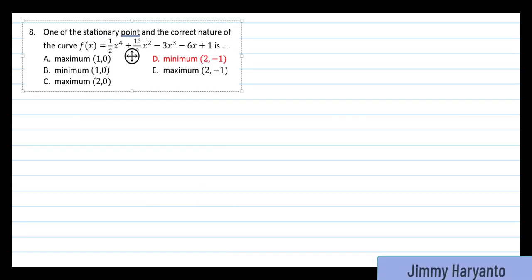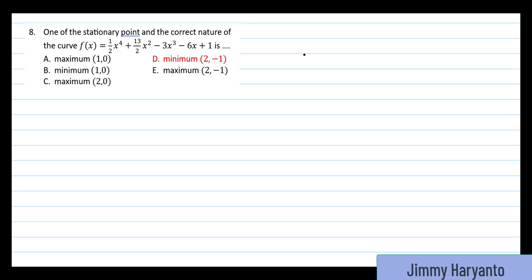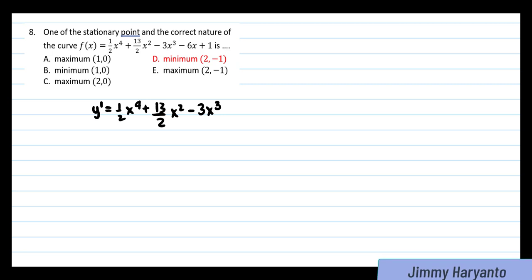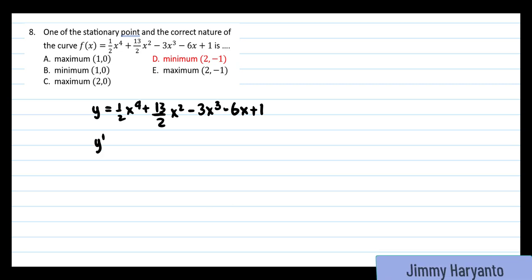Next is number 8. For number 8, we have a stationary point. To find the stationary point, you have to find the first differentiation. The function is half x to the 4 plus 13 over 2 x squared minus 3x cubed minus 6x plus 1. The first differentiation will be 2x cubed plus 13x minus 9x squared minus 6.